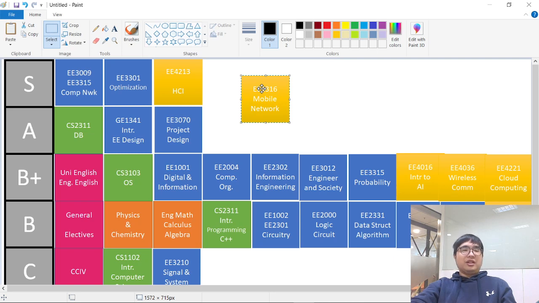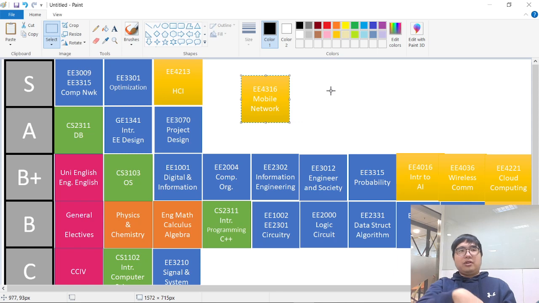However, it's another course taught by Sammy Chan, the instructor who taught the 3009 computer networking course, so I do have to compare the two of them. I do think that the curriculum of this course is a bit outdated, because they focus too much on 1G, 2G and 3G.